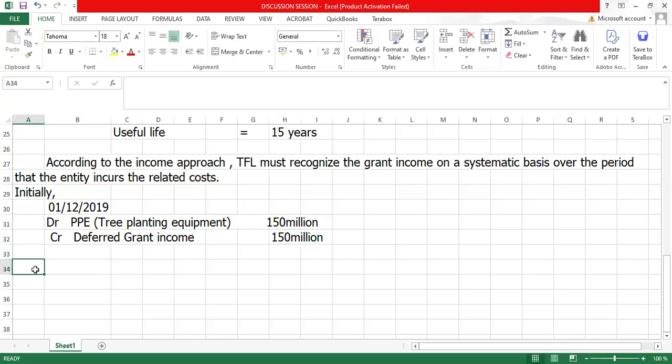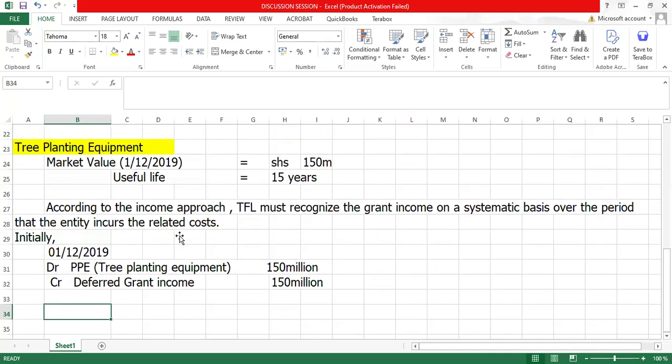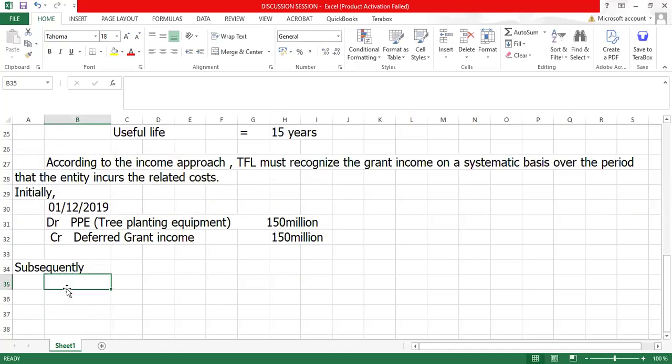Now, what does this one mean? It means that subsequently, this income approach requires you to allocate this on a systematic basis. Subsequently, you're going to recognize the grant income for the year.